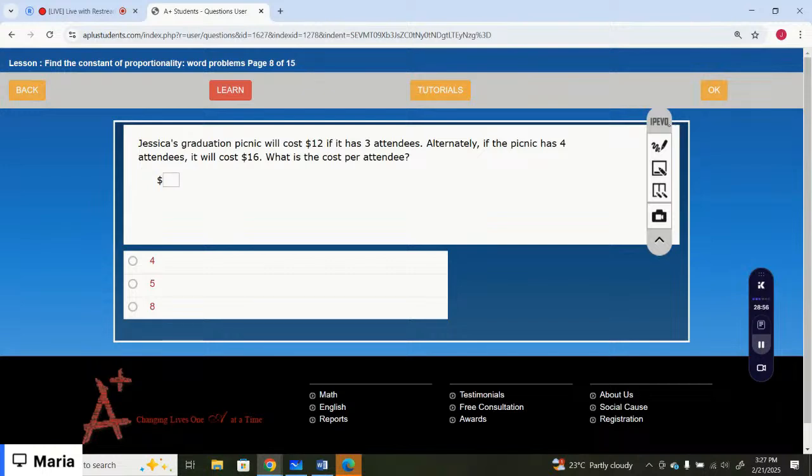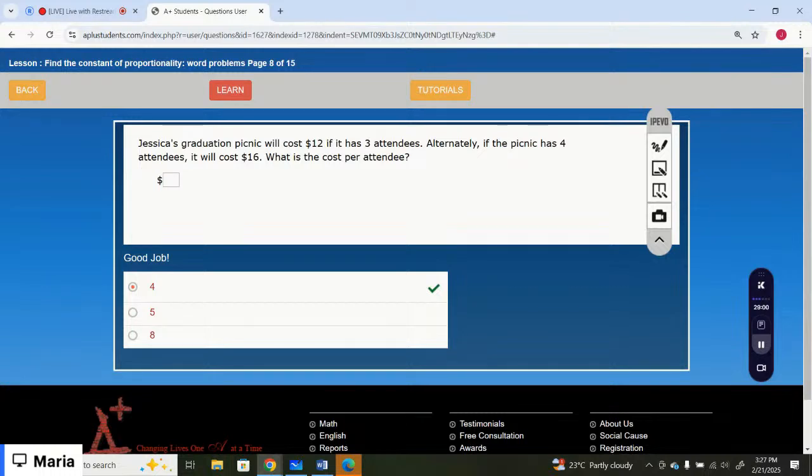Option number one is the correct option. That is cost per attendee is $4.